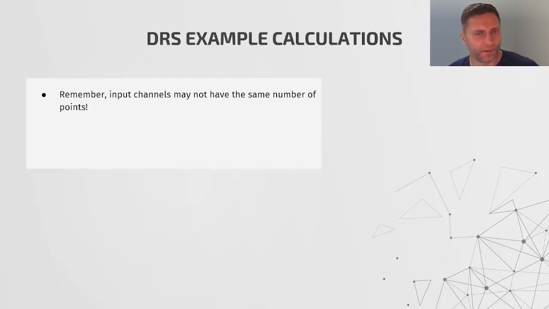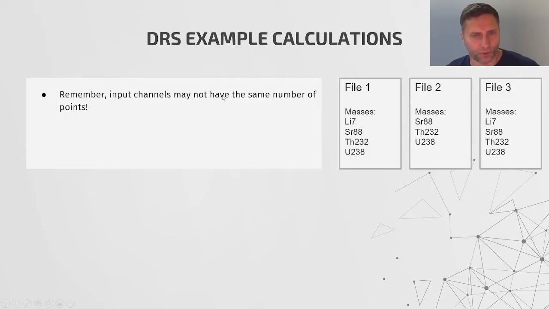Well, you may be aware that iolite will allow situations like this, where we have one file that has 4 masses in it, and then in the next file, one of those masses has been dropped out or omitted, and then in the following file, it's back in again.